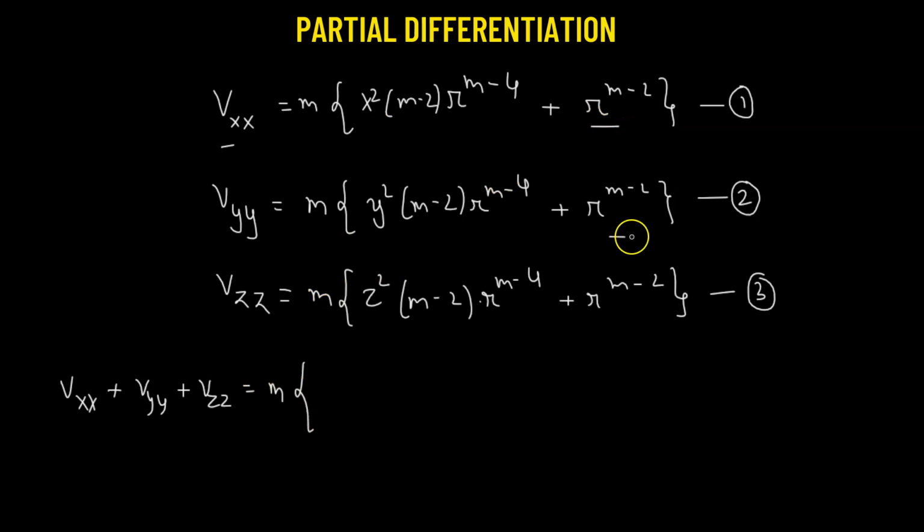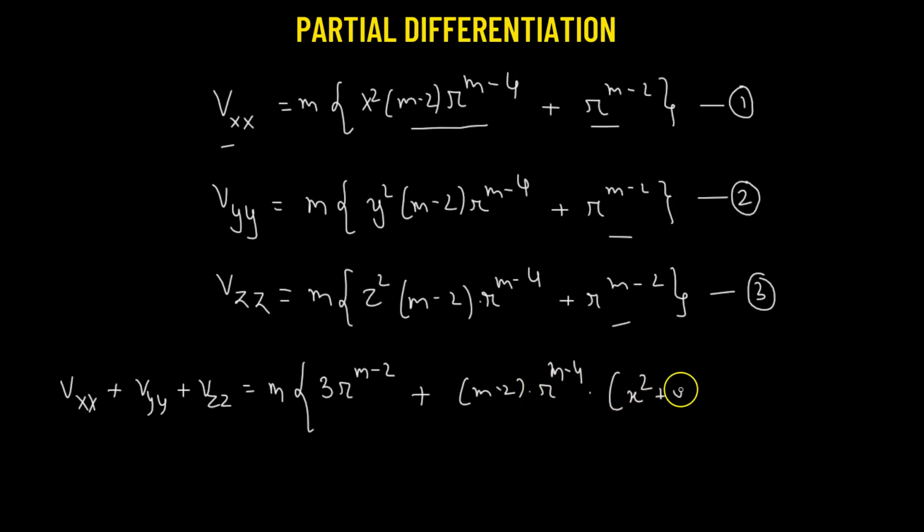Here the second term in each of the equations is exactly the same, so we'll add them to get 3 times r raised to the power of (m − 2) plus, here we can take (m − 2) times r raised to the power of (m − 4) as the common factor, and this will get multiplied to x squared plus y squared plus z squared.